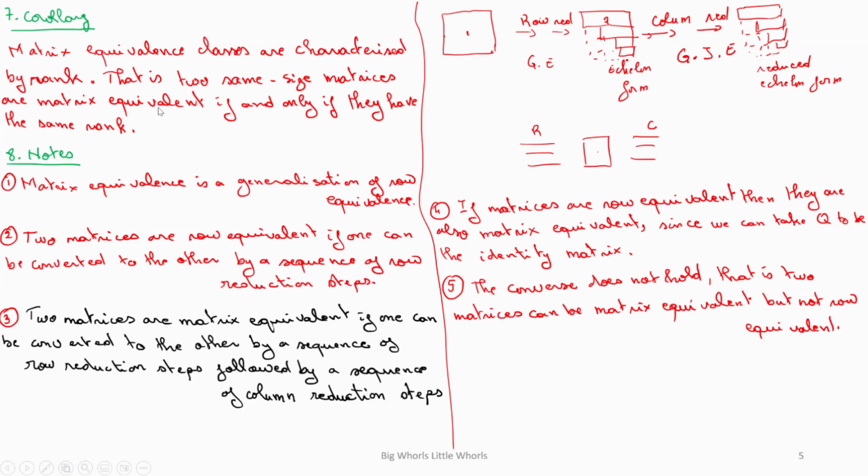If you remember in the lecture, we have here two matrices, point number 3 here. Two matrices are matrix equivalent if and only if one can be converted to the other by a sequence of row reduction steps followed by a sequence of column reduction steps.